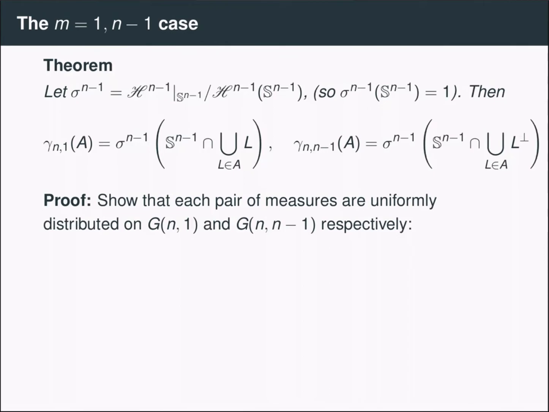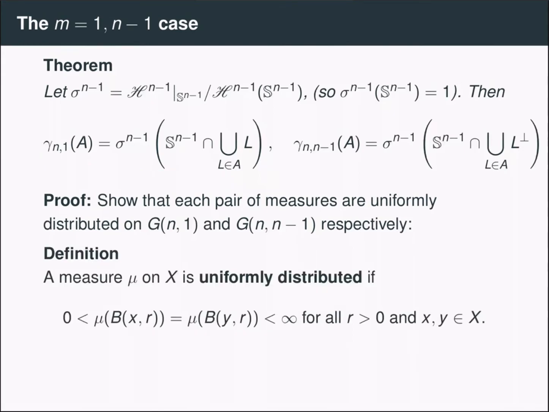The proof involves showing that each pair of measures that we've defined, for example the Grassmannian measure on G(n,1) and this new measure that we've defined, are uniformly distributed on their respective domains. Recall that a measure mu on a metric space is said to be uniformly distributed if the measure of any balls of a fixed radius are equal to each other and are positive and finite for all radii.